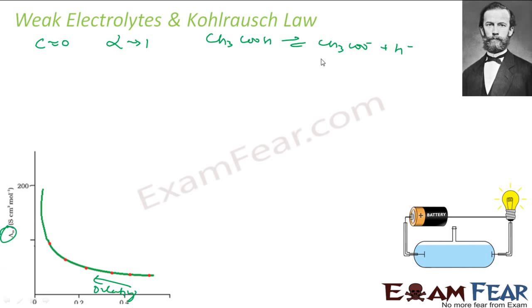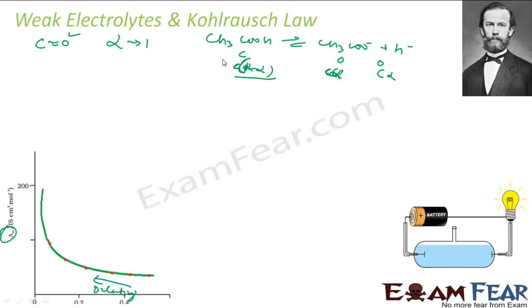At infinite dilution this alpha is almost 1, because at t equal to 0 this is C, and this becomes C into 1 minus alpha, this becomes C alpha, and this becomes C alpha, right? You have seen this kind of equations in the equilibrium classes. So at infinite dilution, C is almost 0 and alpha is almost 1.